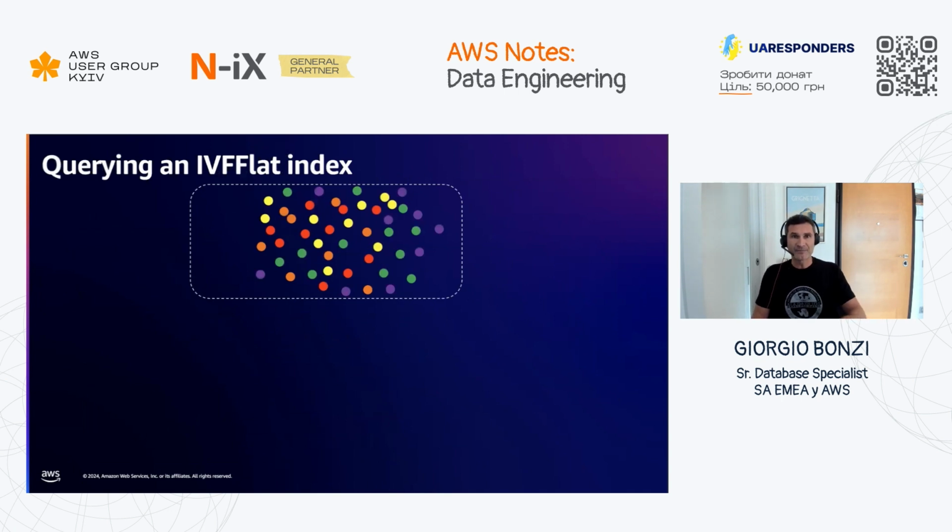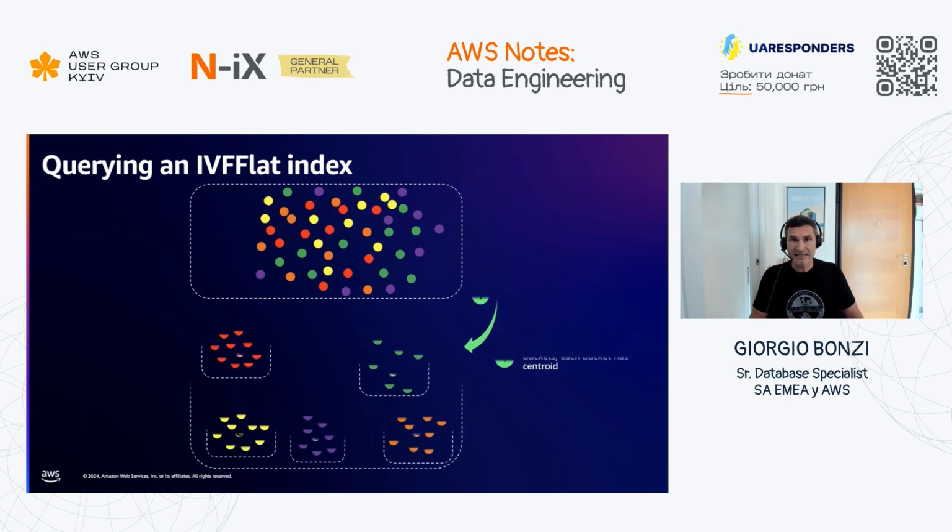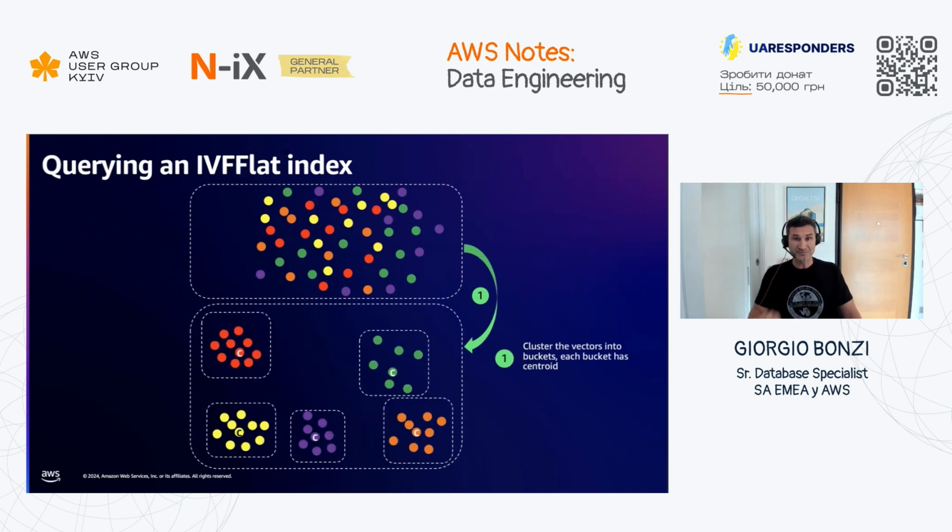We have your bunch of vectors in the table. And when you add an IVF flat index, the vectors are partitioned and grouped into clusters or lists. In this case, we have 1, 2, 3, 4, 5 clusters. And as you can see, for each cluster a centroid is computed.